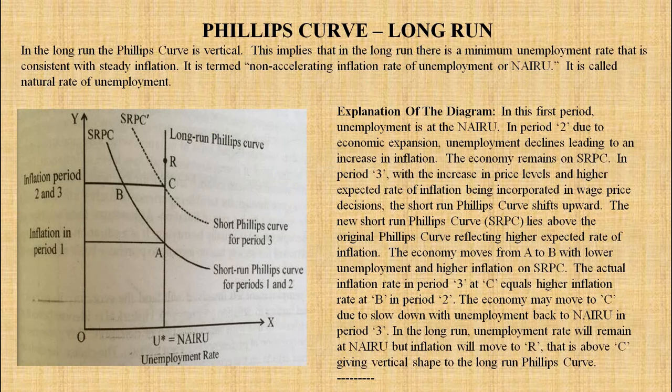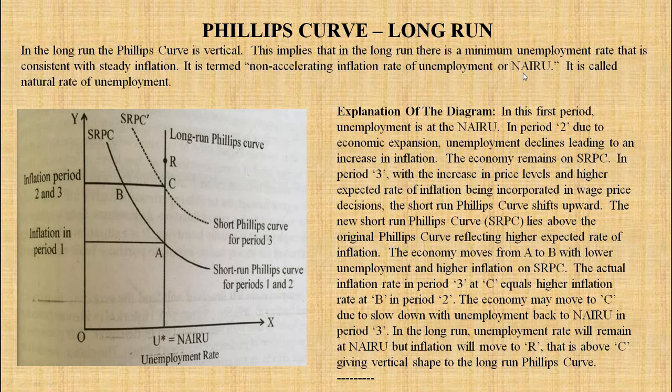Now the next is the Phillips curve in the long run. In the long run, the Phillips curve is vertical. This implies that in the long run there is a minimum unemployment rate that is consistent with steady inflation. It is termed the non-accelerating inflation rate of unemployment, also called NAIRU, N-A-I-R-U.